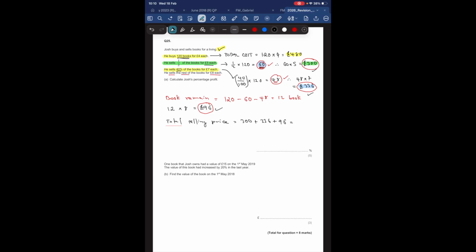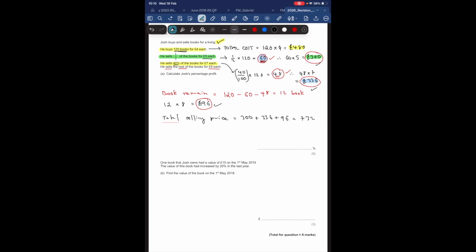And if we add them all up together, we get a grand total of £732. So this is the total selling price. Now we know what the total cost for all the books was. It was 480. So to work out the percentage profit, we work out the profit first.